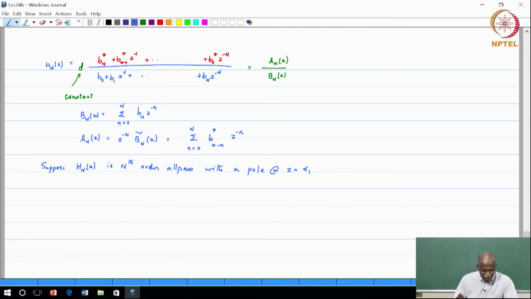Then it must have a zero at 1 over alpha 1 conjugate. Only then will the all pass property be satisfied.